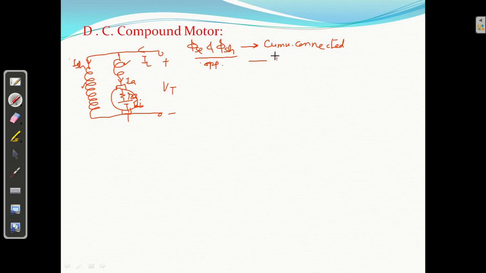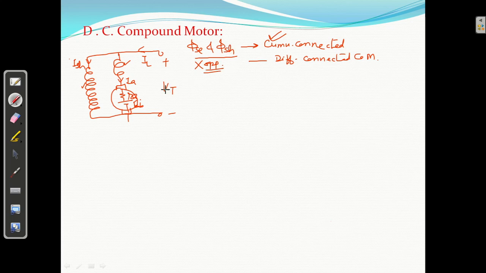If phi series and phi shunt are opposite to each other, that is called a differentially connected compound motor. Generally we are not using this type of motor. We have only the cumulatively connected compound motor, with two fluxes, phi series and phi shunt.